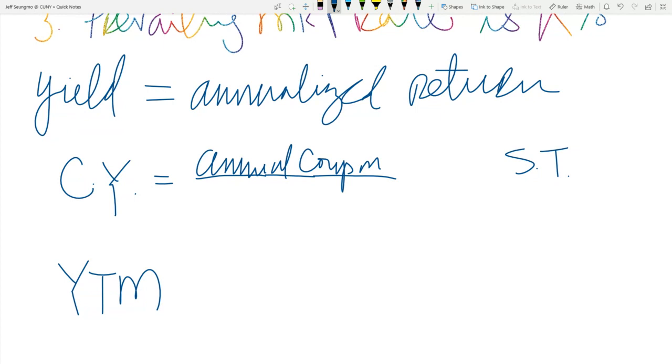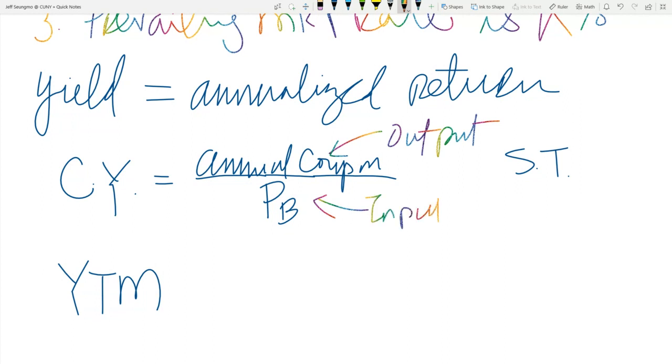Then because we are talking about the return, you have to divide it by the price you paid. Isn't that right? The concept of return is basically output to input ratio. This is the output. This is your input, or initial investment.